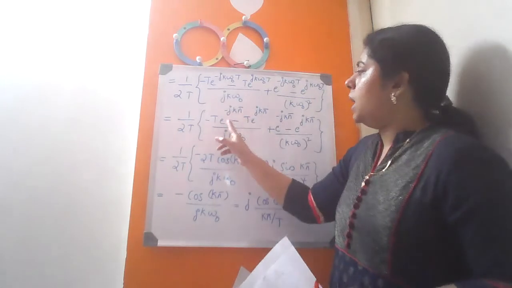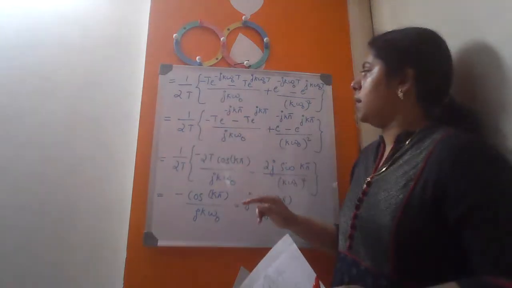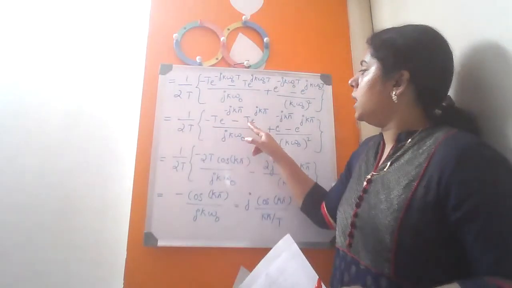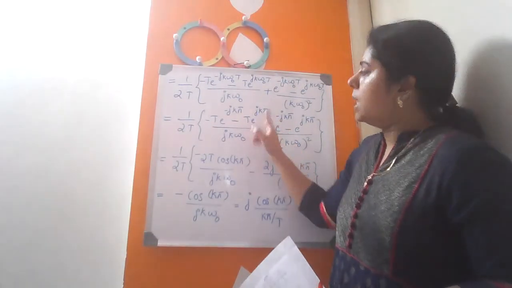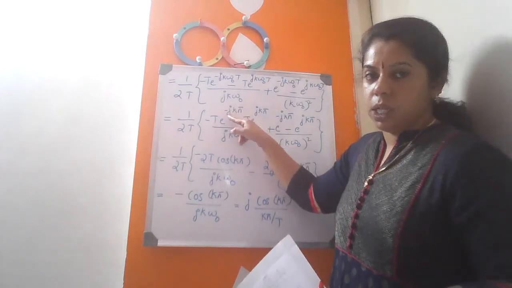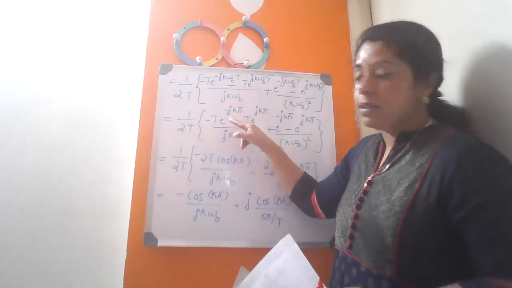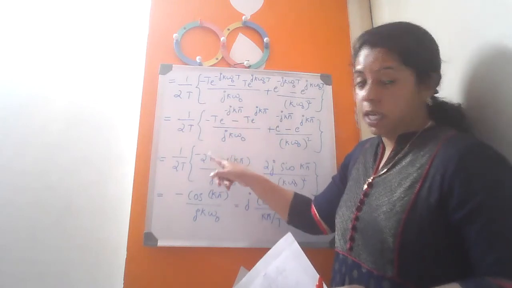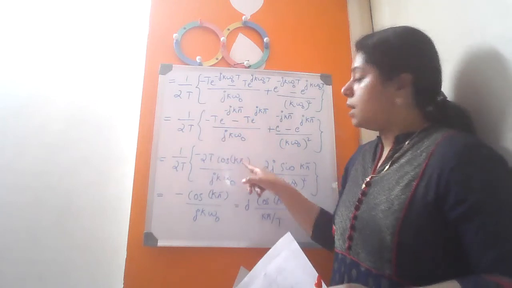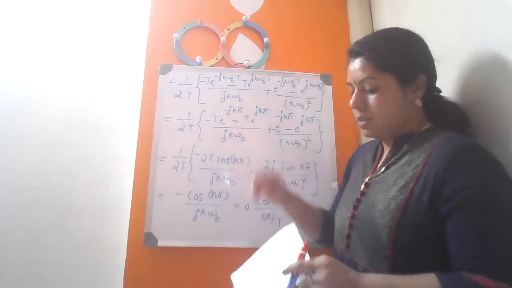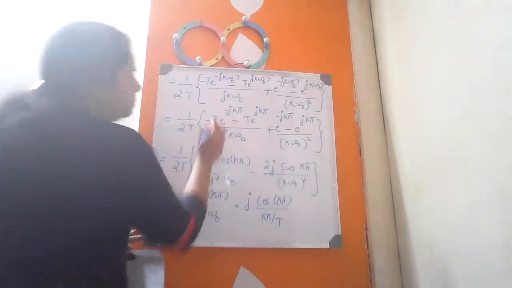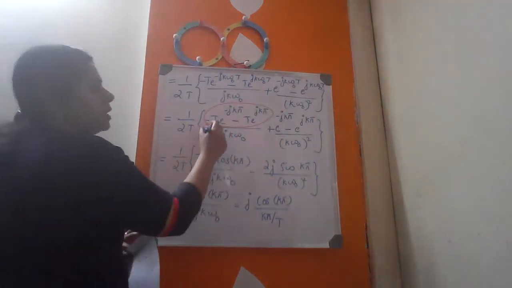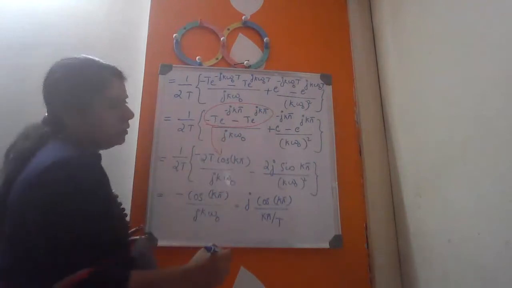Now just see, if I take this minus t outside, am I getting a cos theta form? You can see e power j k pi plus e power minus j k pi. We can write this as minus t, which I already took outside, then 2 cos k pi. So this entire term I'm going to substitute as a cosine term.